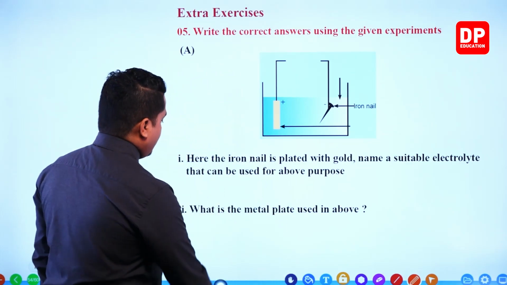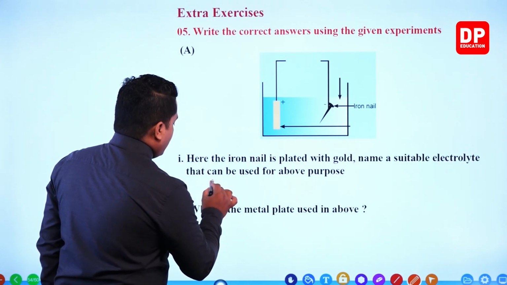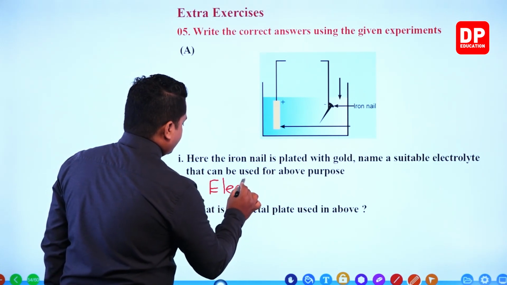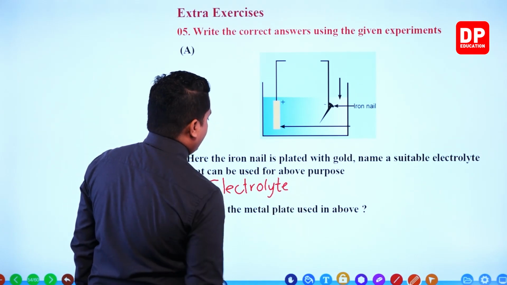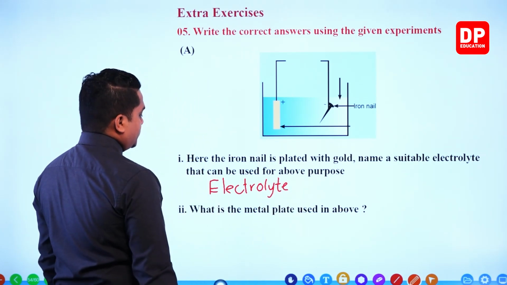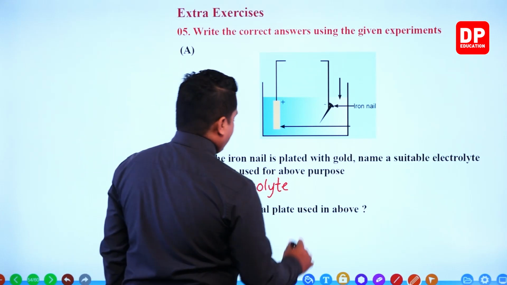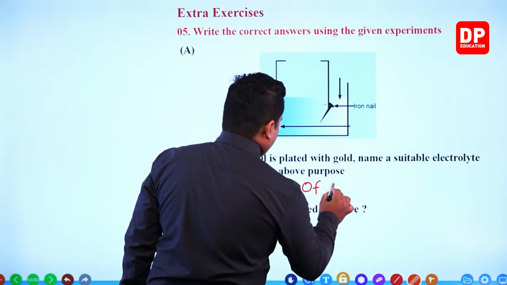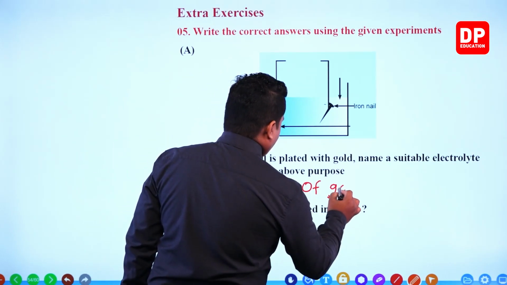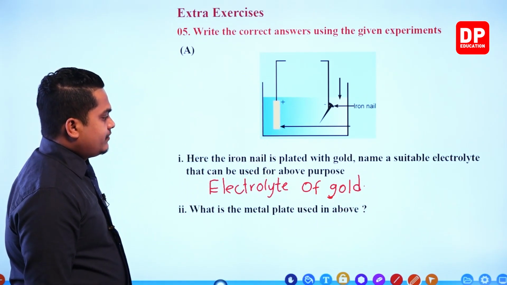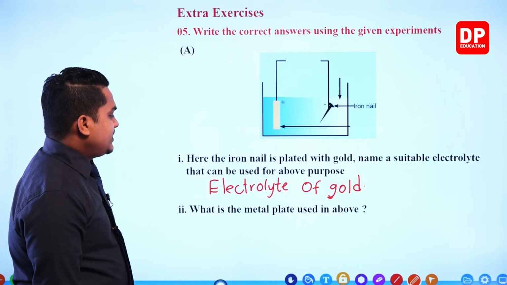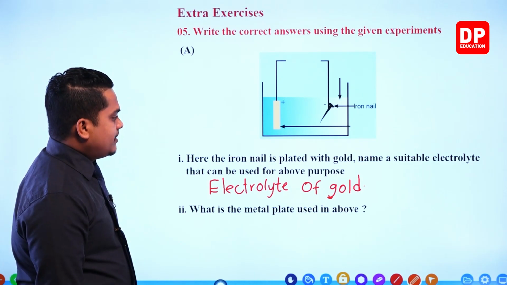Okay, so we can write the answer, electrolyte of gold, like gold sulfate, gold chloride. Okay, electrolyte of gold. Next one, what is the metal plate used in above?